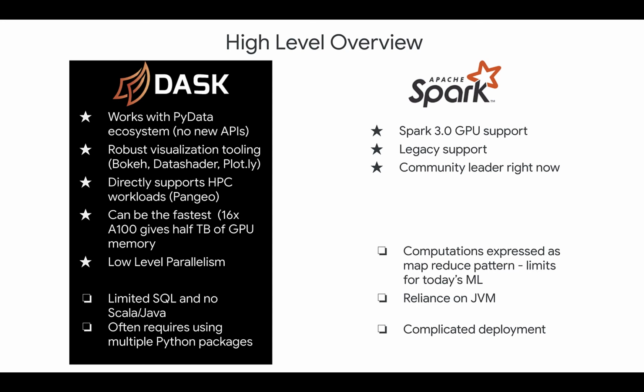Some of the downsides to Spark, though. All the computations in Spark are expressed with that MapReduce pattern, and that can be limiting for today's machine learning applications. Everything in Spark eventually comes down to a task, which is just an embarrassingly parallel thread of execution running on a partition of data.